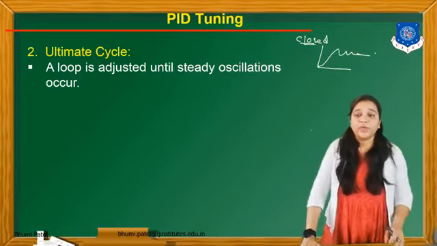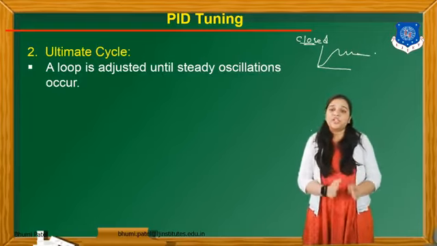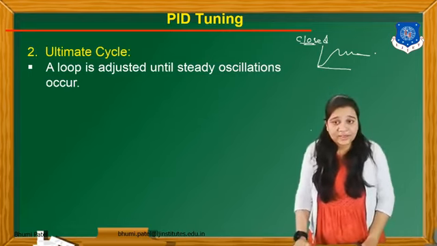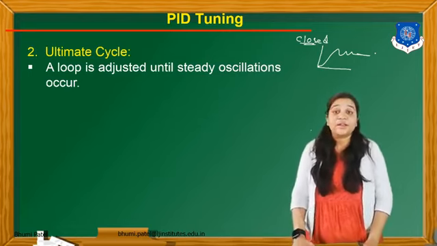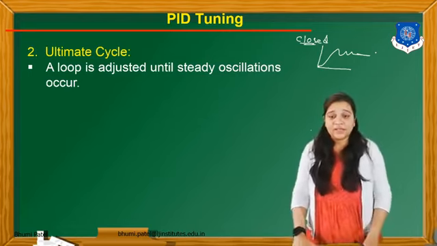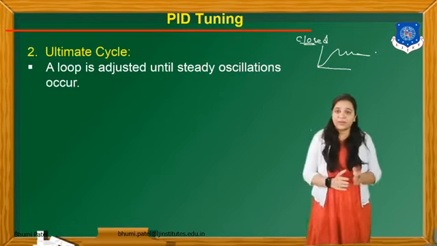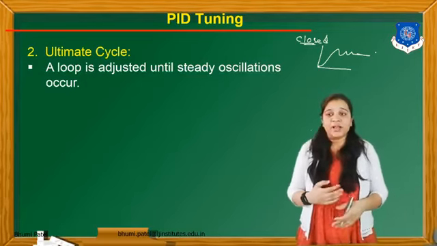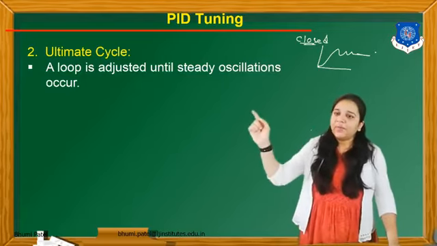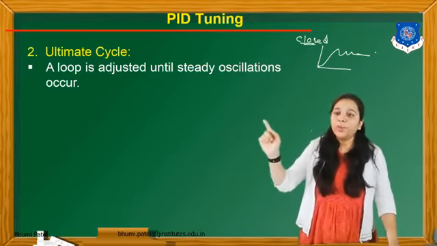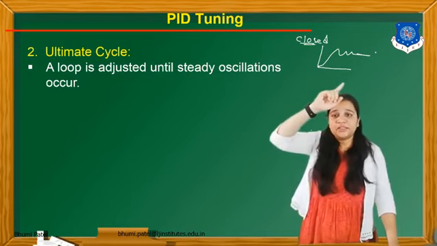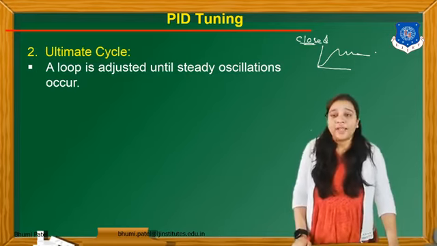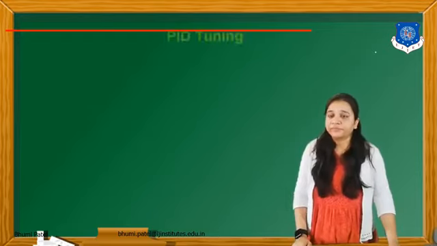Okay, as you remember, we have two types of response. First one is the steady state response and the second one is the transient response. In the transient response we can get the maximum error, and in the steady state response we will try to minimize the error. So the ultimate cycle loop adjusts the steady state response until the error becomes 0.